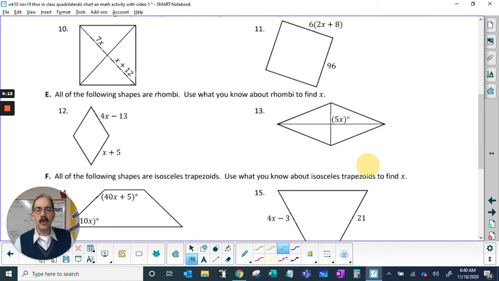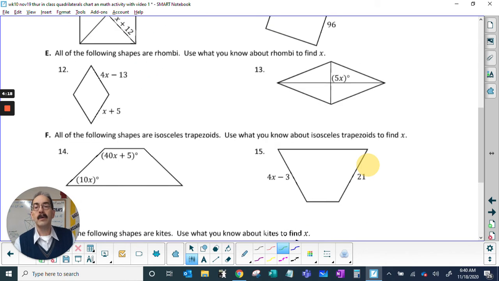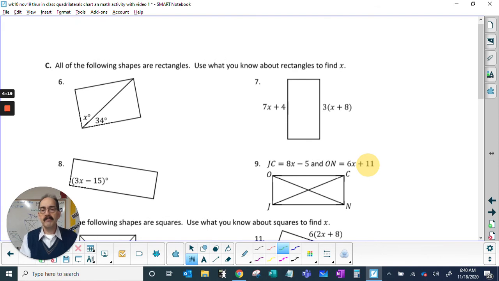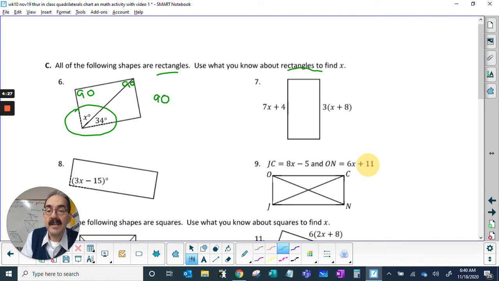Okay, so we've got a whole list of them here. Wow. Okay, let's crank them out. Now I'm just going to set them up, okay? Now, rectangle, what do you know about rectangles? We know that all the corners are 90. So these two add to 90. So 90 is equal to those two angles, x plus 34. Okay? Draw your line, solve for x.